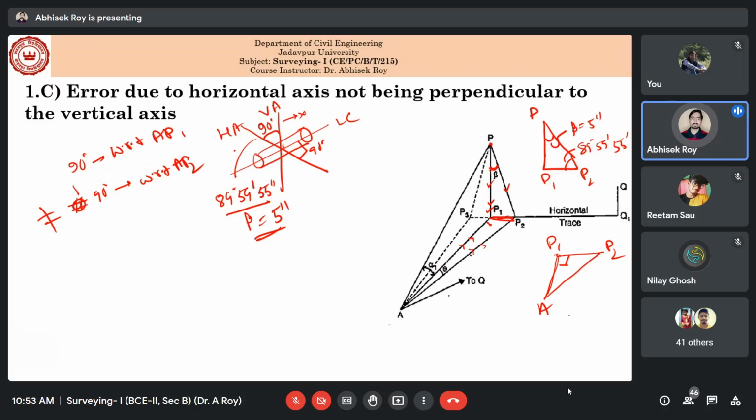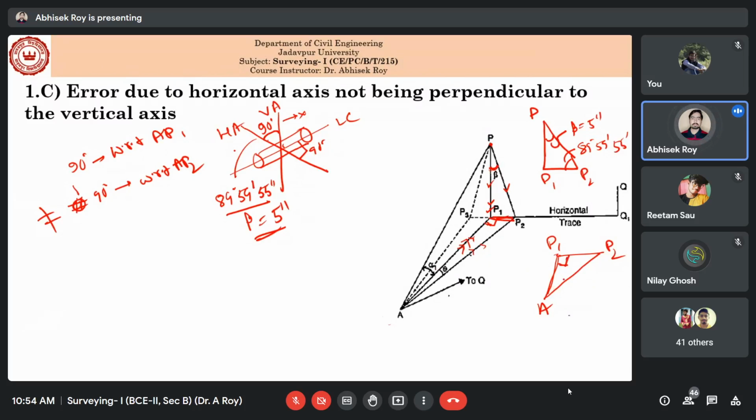Here we are only discussing the problem related to the non-perpendicularity between the horizontal axis and the vertical axis. But here the line of collimation is perfectly at 90 degree with the horizontal axis. There is no problem, so obviously this angle is 90 degree.